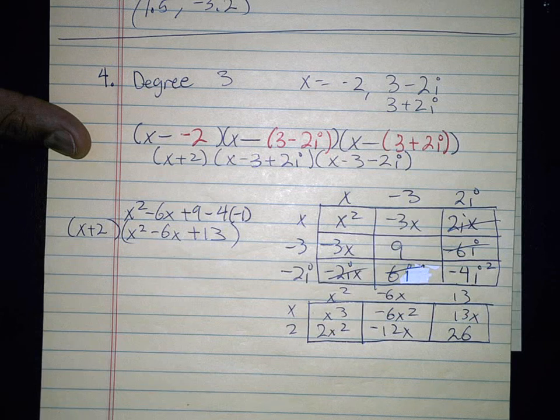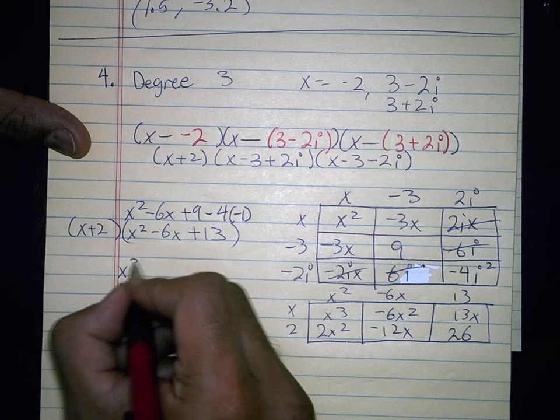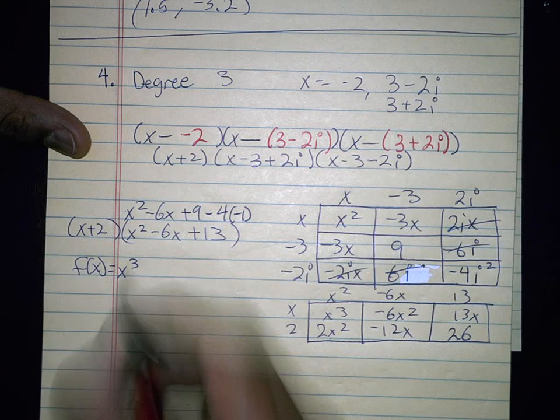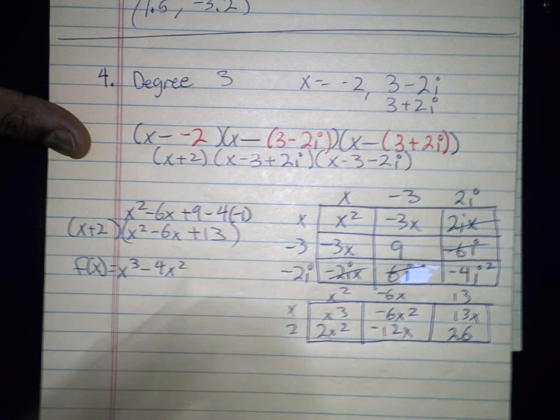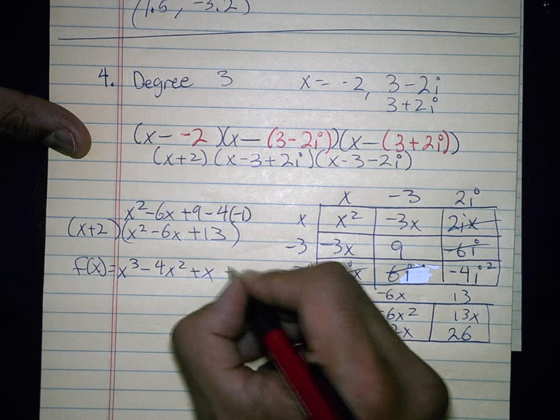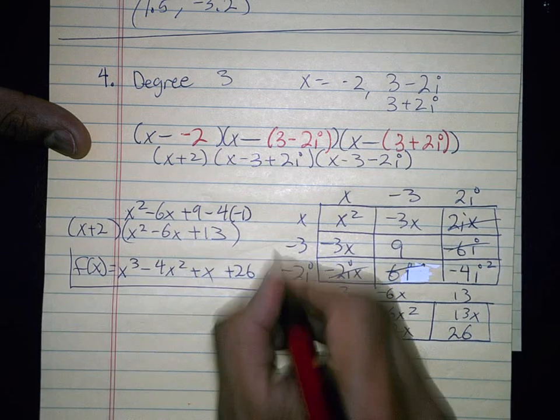So our final answer is going to be f of x equals x to the third, minus 4x squared plus x plus 26.